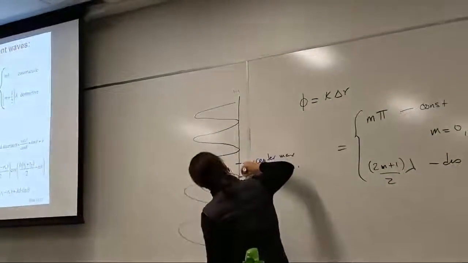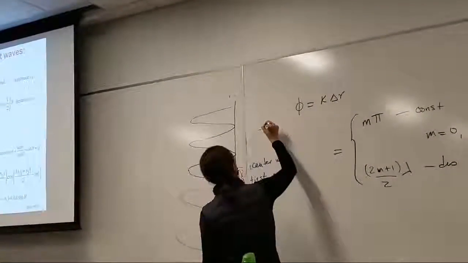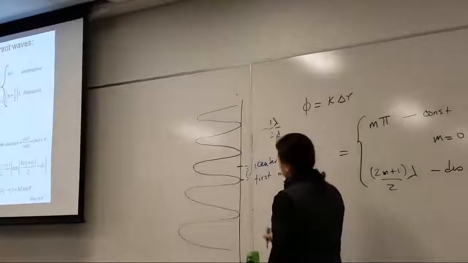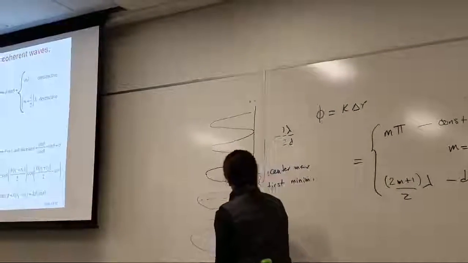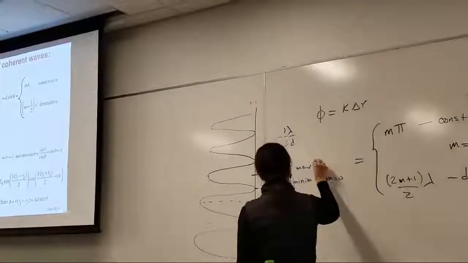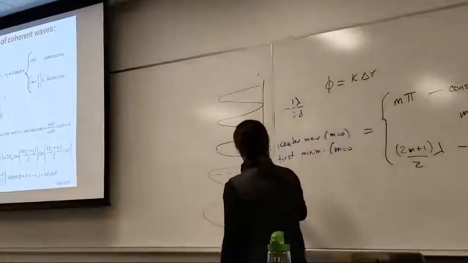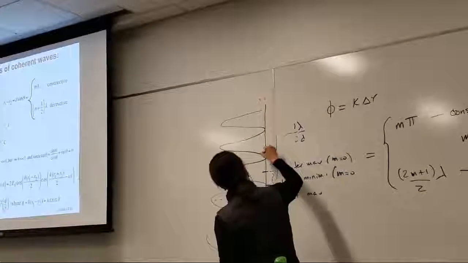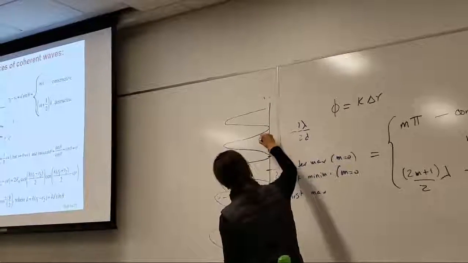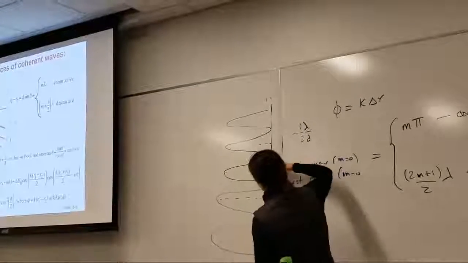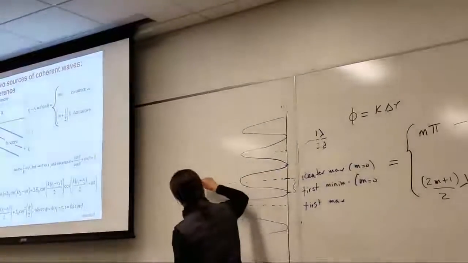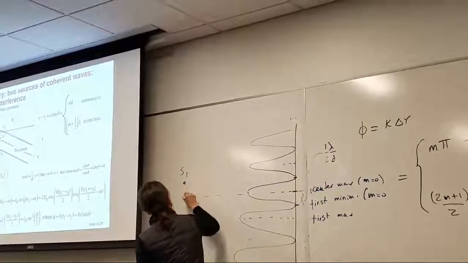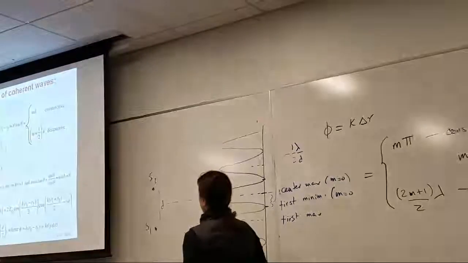And the distance here corresponds to 1/2 lambda over d, right? Now for the center maxima, m is equal to 0. This is the center maximum. Okay, it's symmetrical. This is also the first minima, symmetrical relative to the center of the screen, right? So here we have source 1, source 2, separated by a distance d, and this is the midpoint of the two.